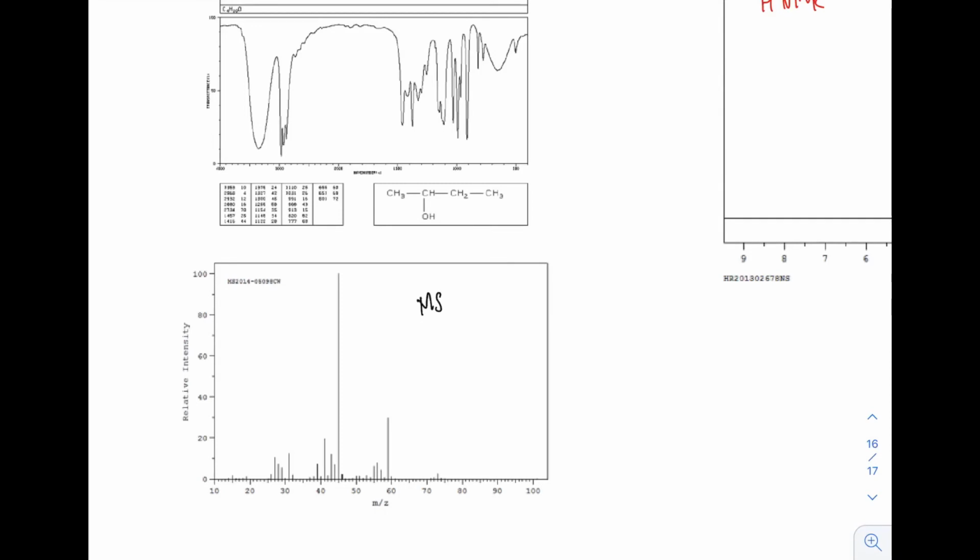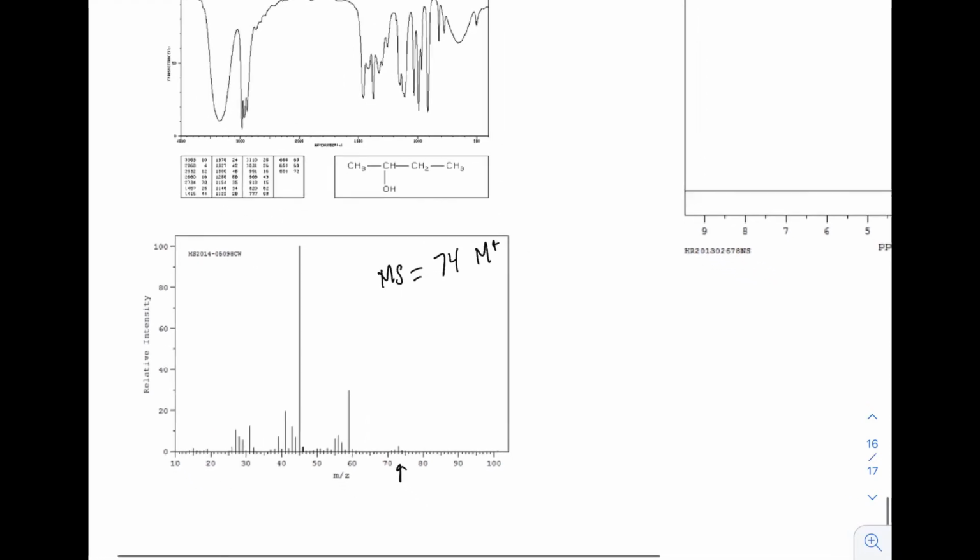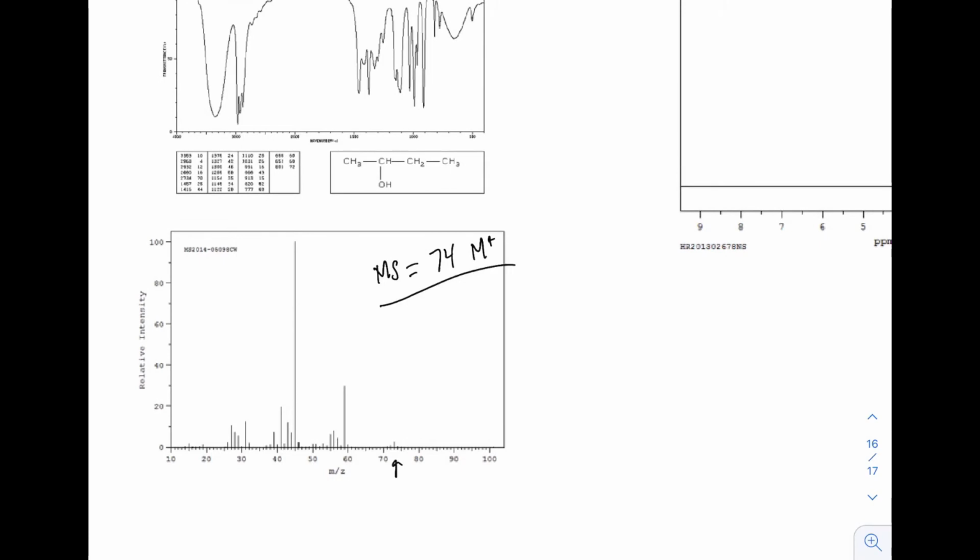The mass spec tells me I have 74 for my M+. It's not as obvious in this one, but it might be given as well. This is really important because it's going to give us a general structure or chemical formula for our organic substance, our quote unquote unknown.